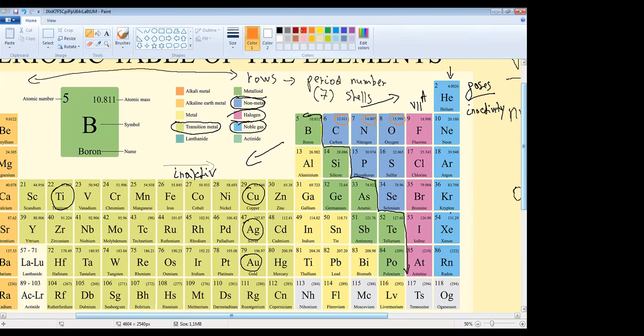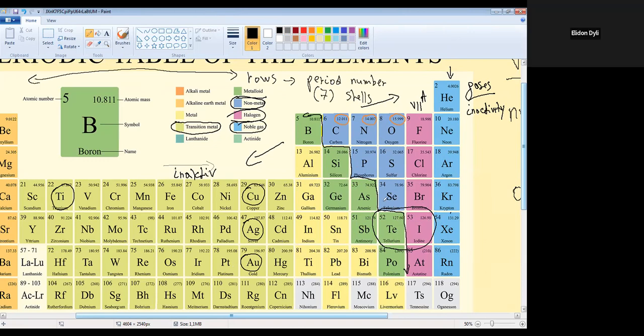Let's look carefully at tellurium and iodine here. Can you find what is the difference between these 2 elements in order of increasing atomic mass?